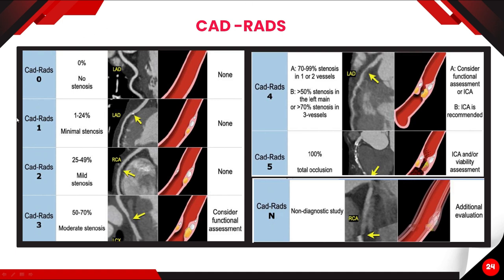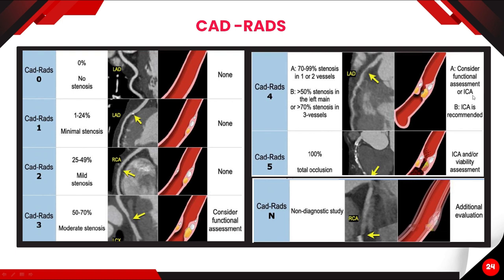For CAD-RADS 0, 1 and 2 categories, no further evaluation is required. For CAD-RADS 3, we will advise functional assessment. For patients with CAD-RADS 4A, we will advise functional assessment or invasive coronary angiography for further evaluation based on the patient's condition and stability.